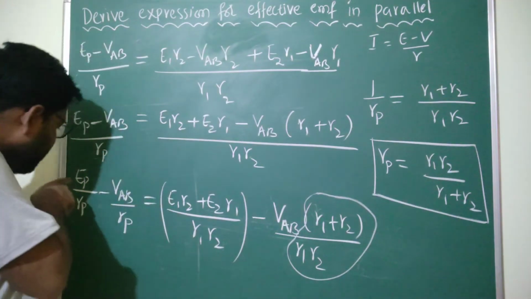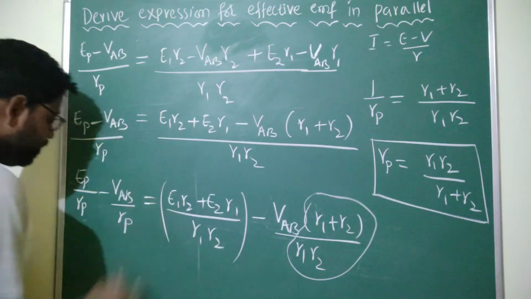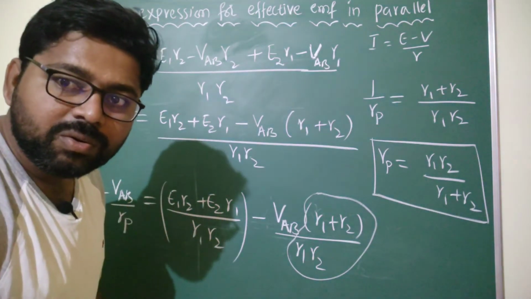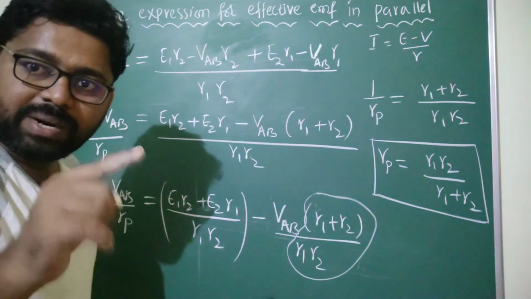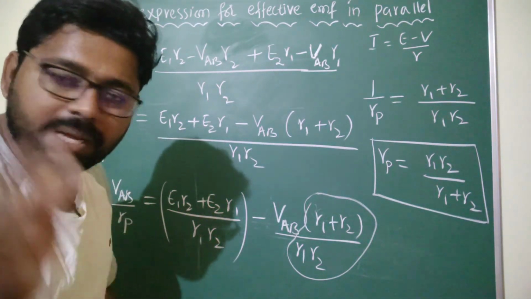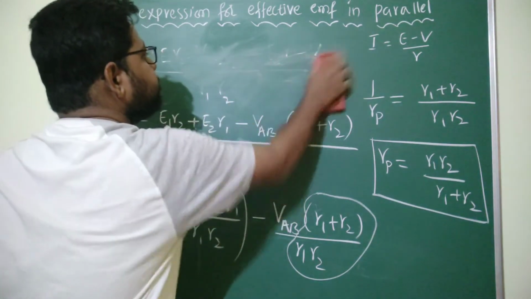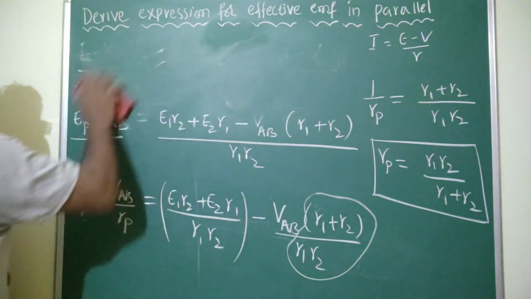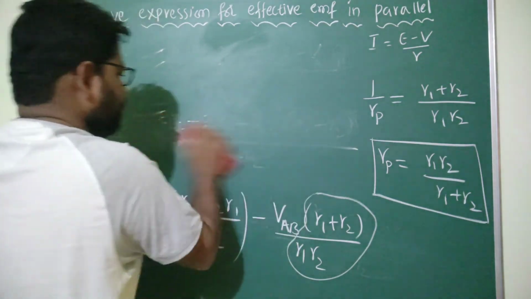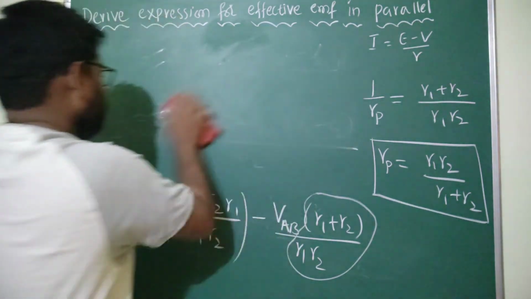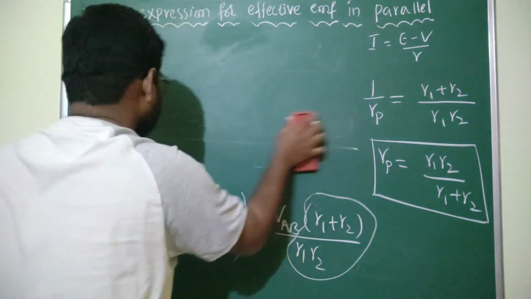Now what we want is EP, that is nothing but your effective EMF in parallel. Now EP by RP is equal to this much. If you want only EP, what should we do? We should multiply EP by RP with RP, and then we get EP.